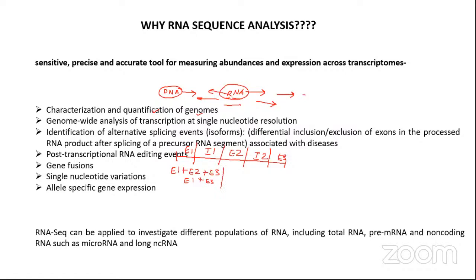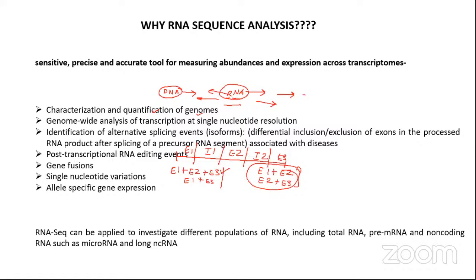In my normal condition. But suppose if any mutation is happening during the process, my transcripts will be like this. This is called alternative splicing. So this transcript will not form; instead of that, these transcripts will form.